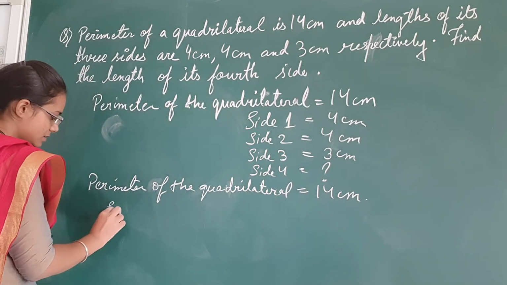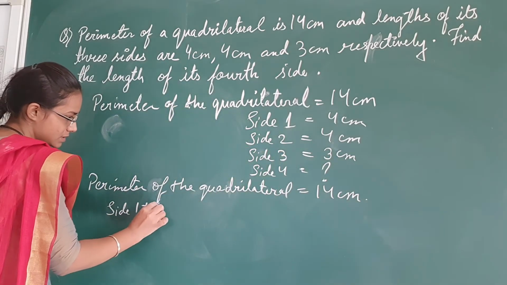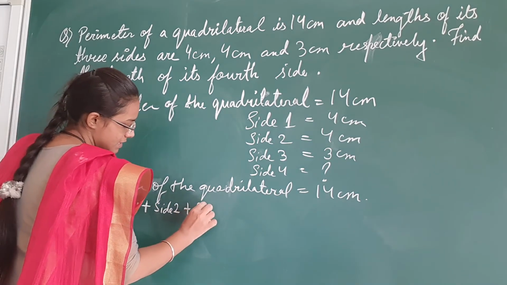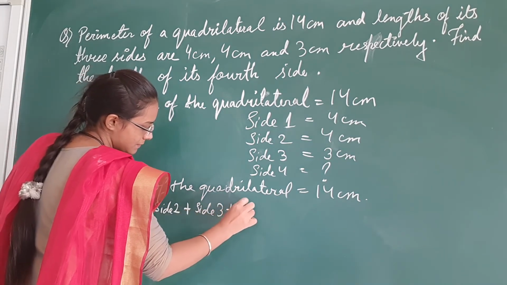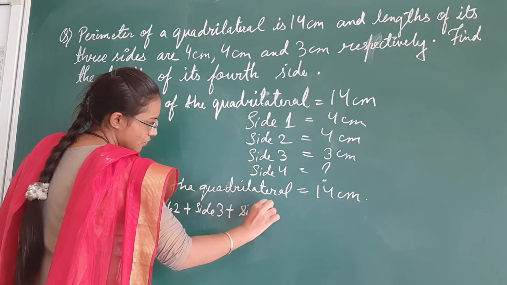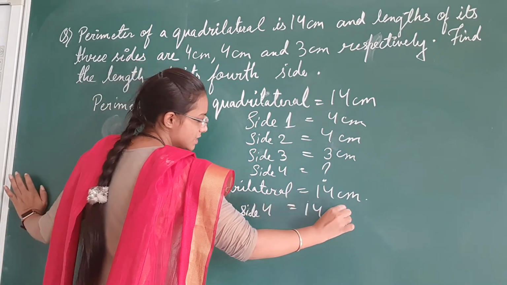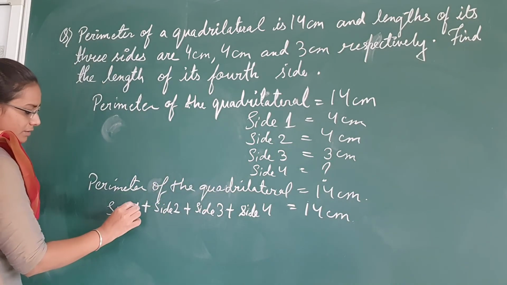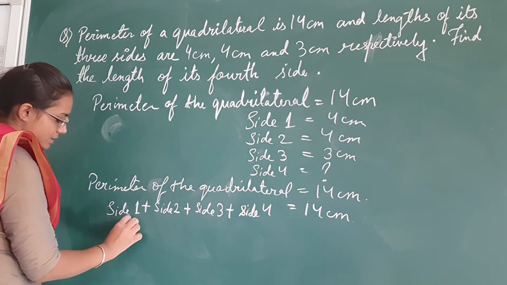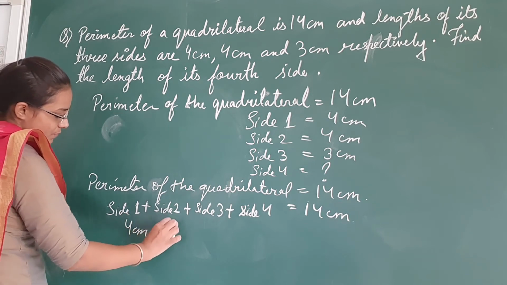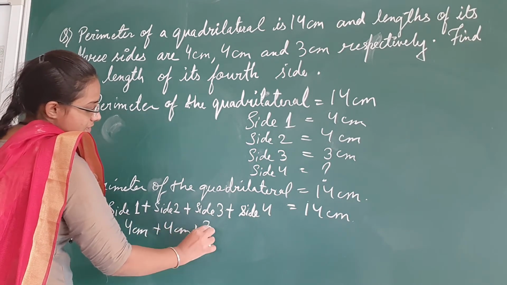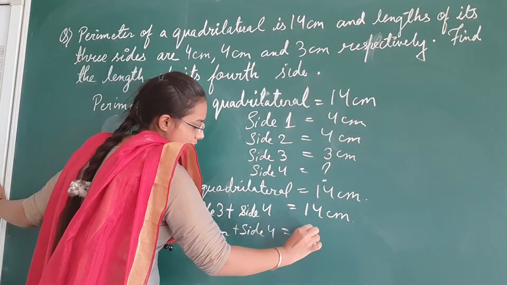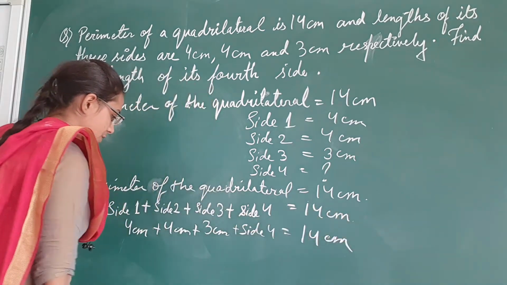That means side 1 plus side 2 plus side 3 plus side 4 is equal to 14 centimeter. Here we know the 1, 2, 3. So 4 centimeter plus 4 centimeter plus 3 centimeter plus side 4 will be equal to 14 centimeter.